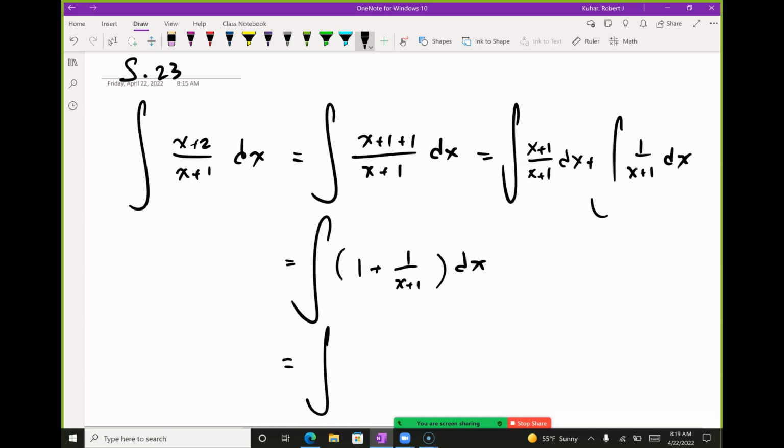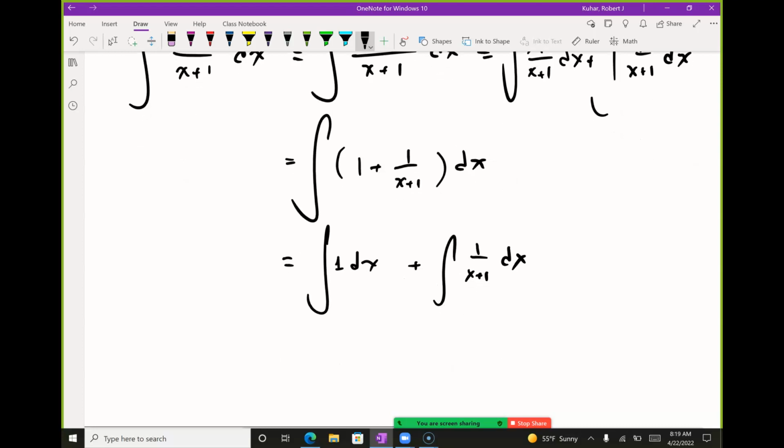I really want to think of those as 2 integrals, and I need the dx. Remember, dx is part of the operator. As I split it into 2 integrals, I get the integral of something dx, and then the integral of something else dx. The first integral is pretty easy.